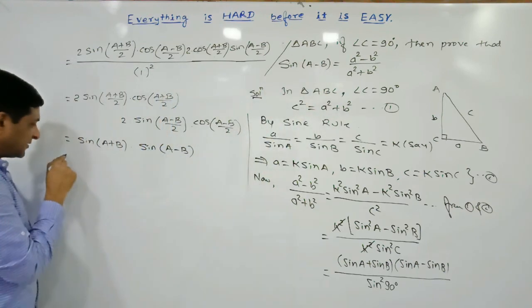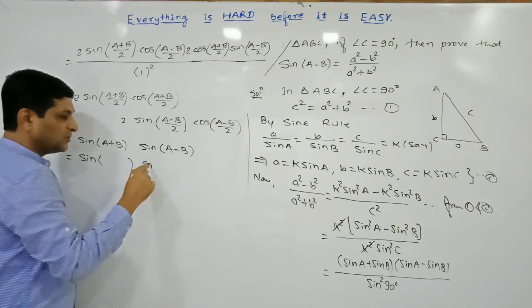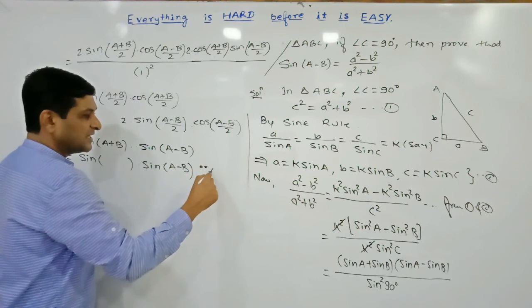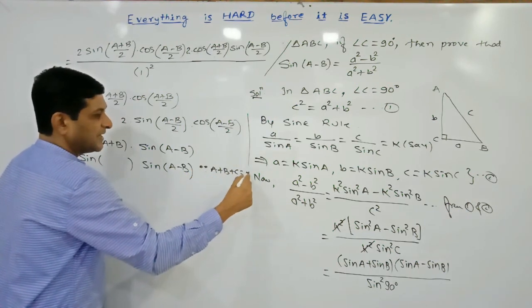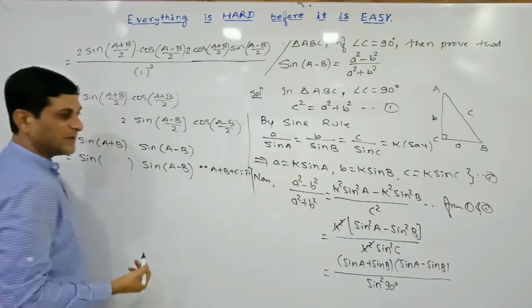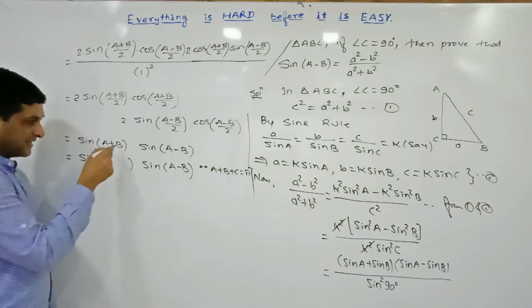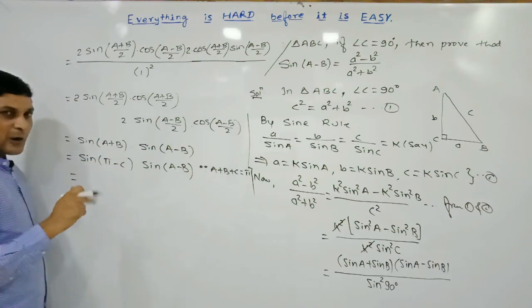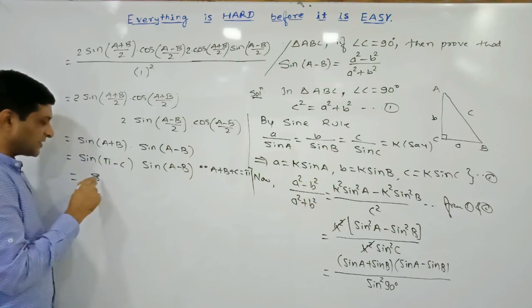So sin (A plus B) can be replaced by, we know that the sum of 3 angles of a triangle is equal to 180 degrees. So A plus B plus C is equal to pi. From this, A plus B is equal to pi minus C. So A plus B can be replaced by pi minus C. Again, according to the allied angle formula, sin (pi minus theta) is equal to sin theta.